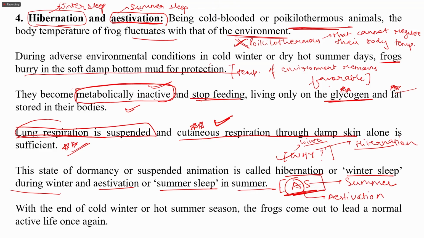These two terms you may remember in order if you forgot what is winter sleep and what is summer sleep. With the end of cold winter or hot summer seasons, we see frogs usually during the rainy seasons. The frogs come out to lead a normal active life once again. So this is about the hibernation and estivation habits of frogs.